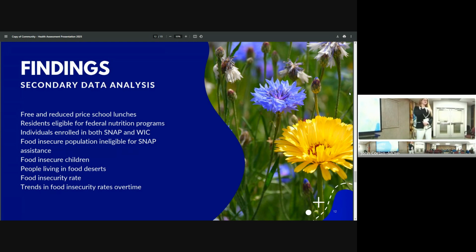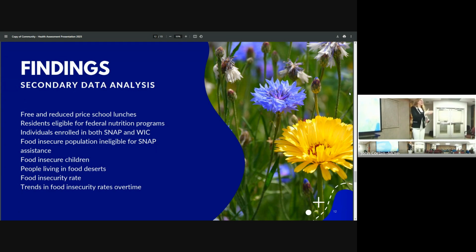We have a lot of people that are eligible but aren't enrolled. The food insecure population ineligible for SNAP assistance, but that are still food insecure. We have food insecure children, people living in food deserts, food insecurity rate, and then trends over time. That's just a quick snapshot of all of the data points I was able to gather from the report.